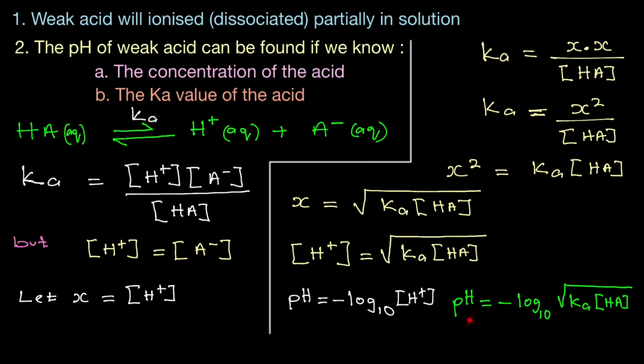So the pH depends on the Ka and the concentration of acid, and that's what we said here. The pH of a weak acid can be found if we know the concentration of acid, the HA concentration, and the Ka value of the acid. So pH depends on Ka and the concentration of the HA acid.